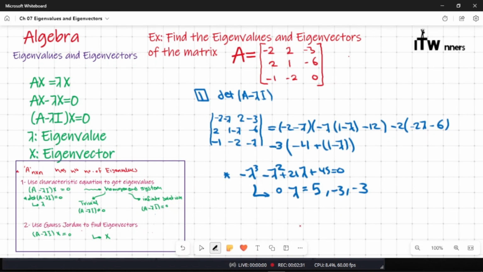So here we have a new thing which is called multiple eigenvalues.